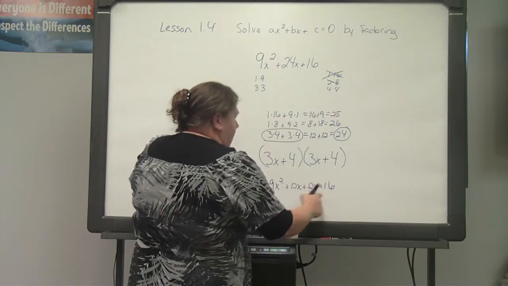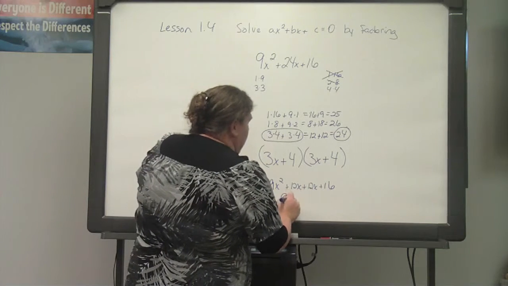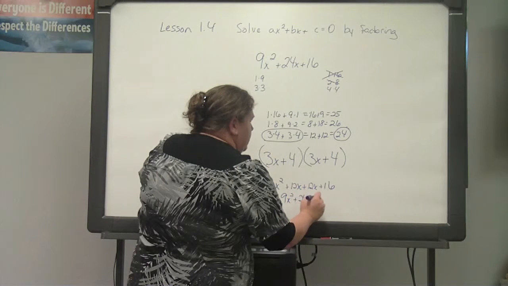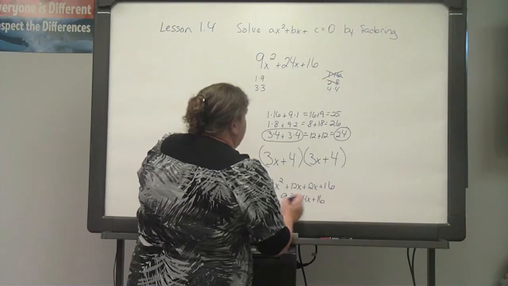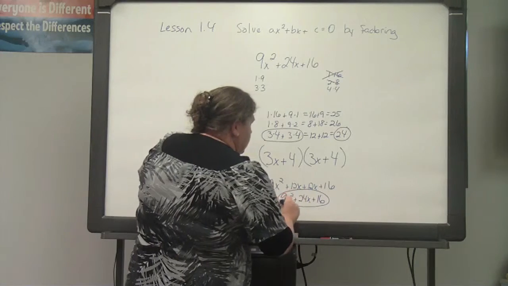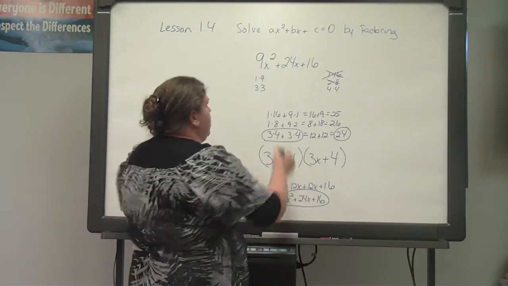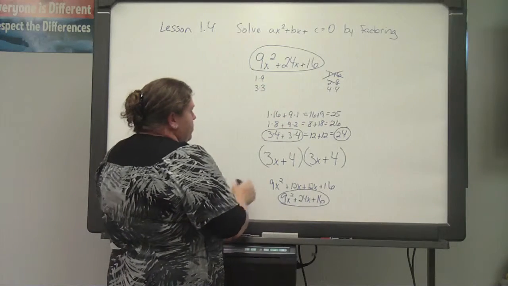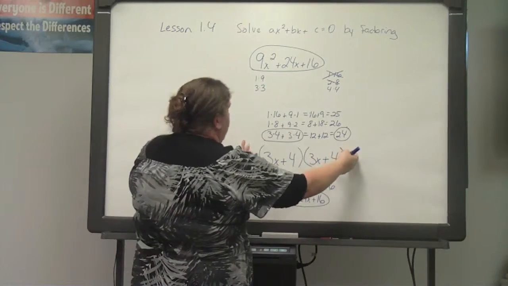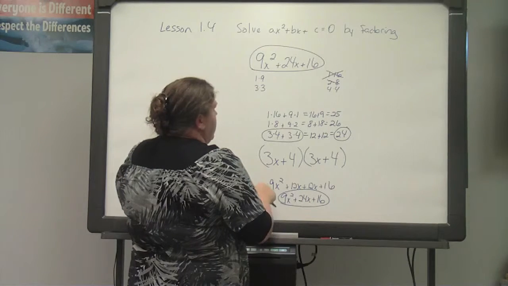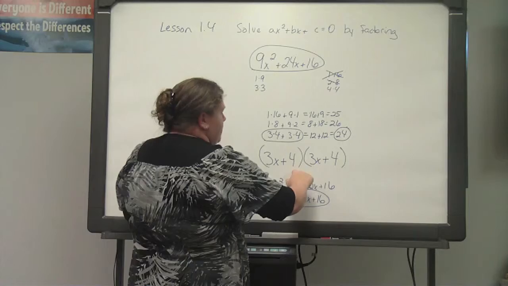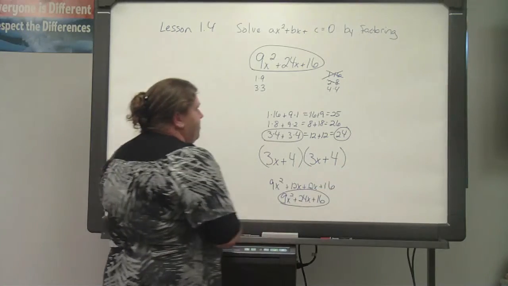So when I combine my x's together, I get 9x squared plus 24x plus 16. And again, this, my checked solution, does equal my original equation. So the factors of 9x squared plus 24x plus 16 are 3x plus 4 times 3x plus 4.